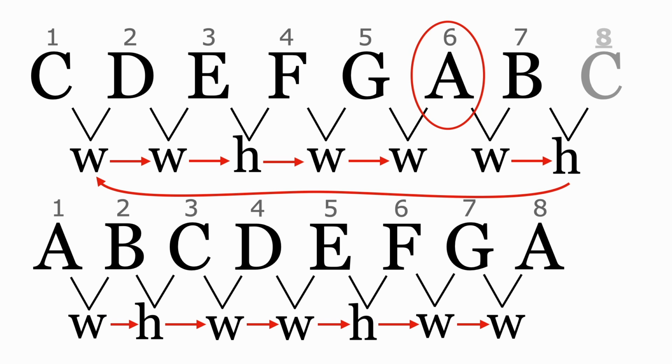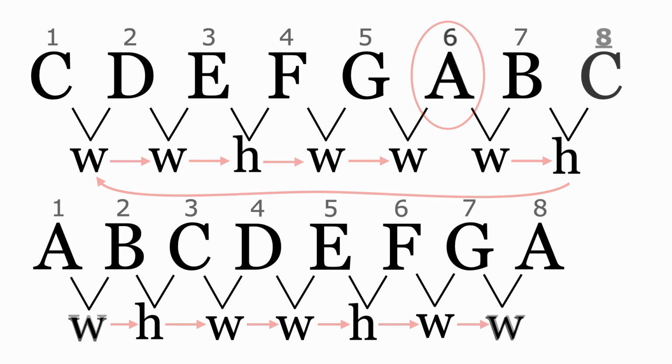Right? And so as we look at this, we start to see that the modes really are just different positions in the major scale that we start counting from. In this case, we did the Aeolian mode, and that's the 6th degree. And then we just start counting from there.